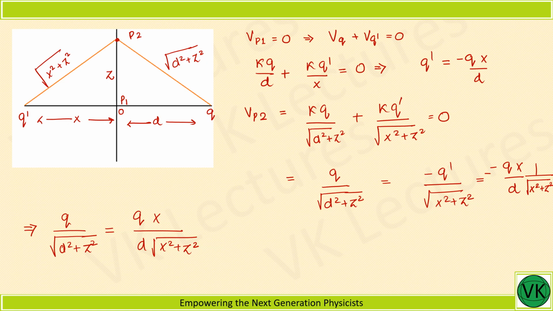Here we can cancel out the terms Q and Q, and from here we bring this X to the denominator. So what we have is 1 by X times root of D square plus Z square equal to 1 by D times root of X square plus Z square.